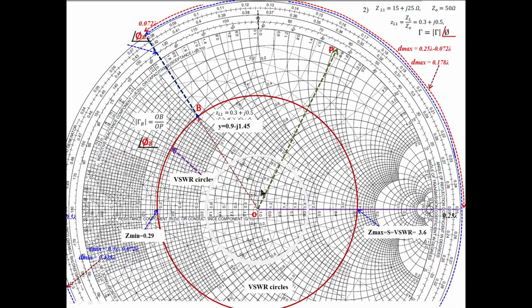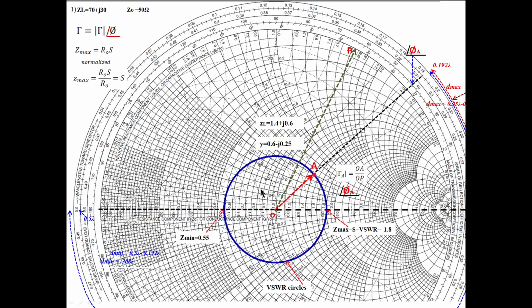We also discussed how to find the VSWR using the Smith chart. After marking the load, we move towards the generator on the VSWR circle. Whenever this VSWR circle cuts the right side of the Smith chart, you stop.